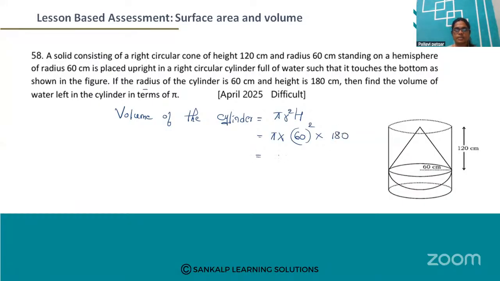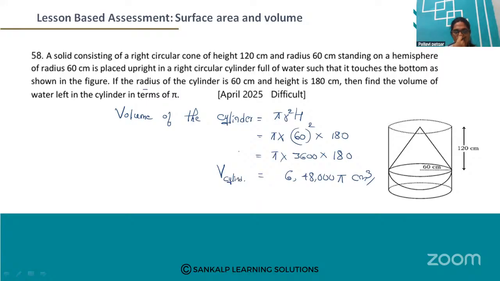So this is equal to pi into 60 into 60 is 3600 into 180, which is 6,48,000 pi centimeter cube. This is the volume of the cylinder.